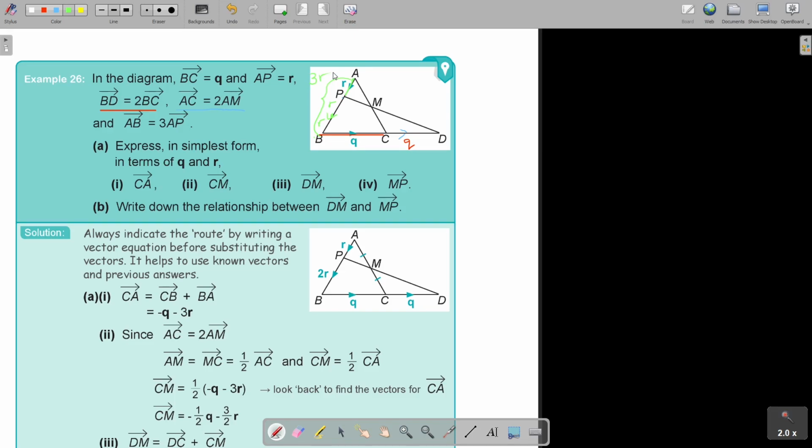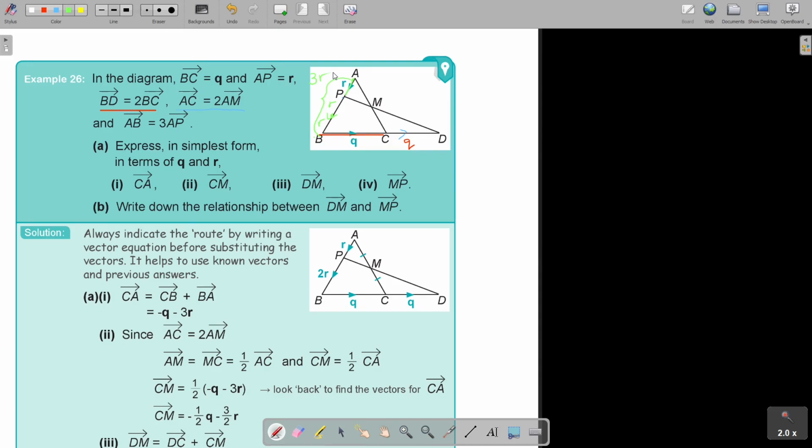Q there. Now they say express in the simplest form in terms of Q and R, CA.